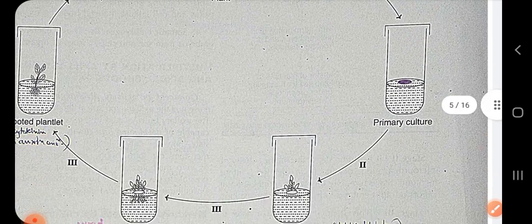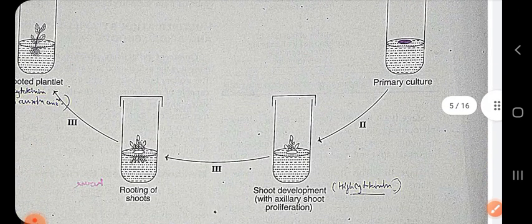Next comes stage 2. If you see stage 2, this is the secondary culture. In stage 2, what happens? Shoot development along with axillary shoot proliferation occurs.